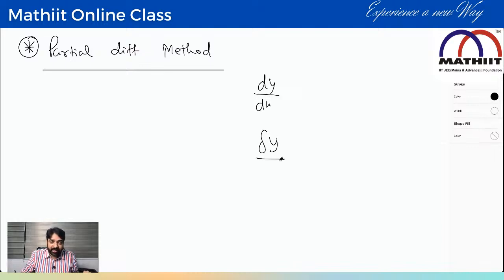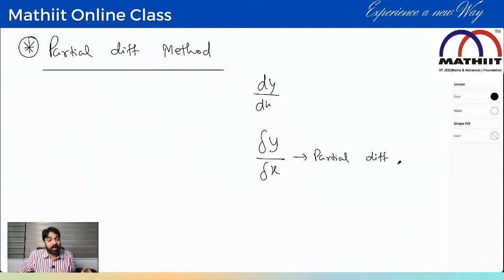If I write it this way, it is the same thing, but everything else is constant. Meaning only the term which contains x will be variable, and everything else will be constant. This is called partial differentiation.